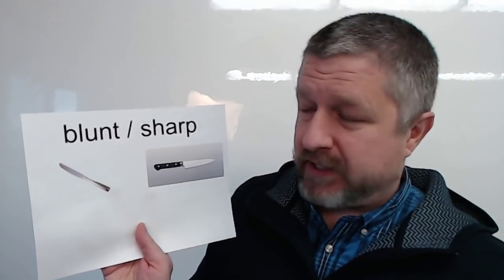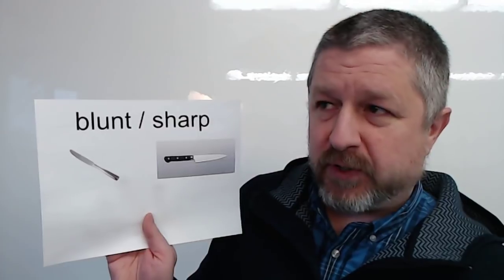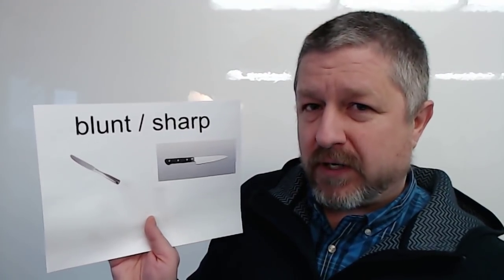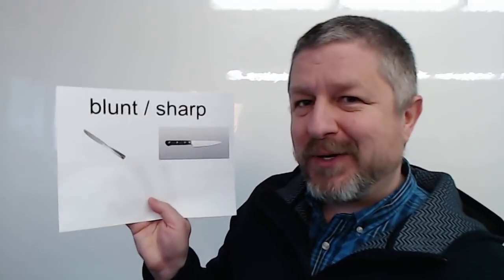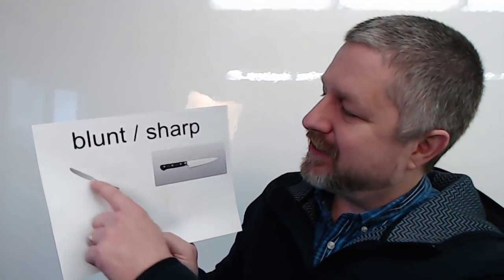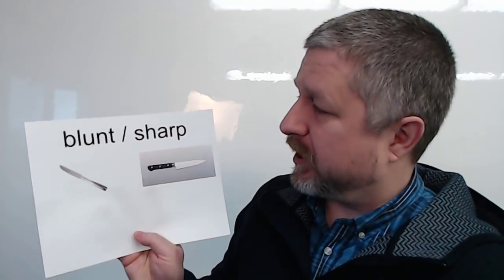It's not sharpened and it's blunt. We use this type of knife to put butter or margarine on our bread. So it's used to spread things on your bread. That rhymes, by the way. Should I do rhyming words next week? So this knife is blunt, which means it's not sharp, and this knife is very, very sharp.